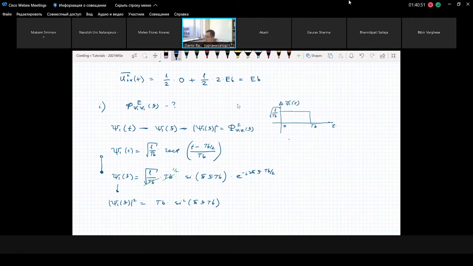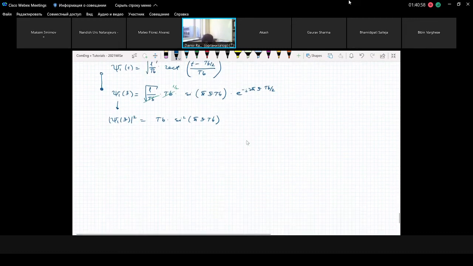We don't have the exponential part because it is cancelled when we calculate the conjugate and multiply. And we get the energy spectral density, TB times sinc squared of pi f TB.